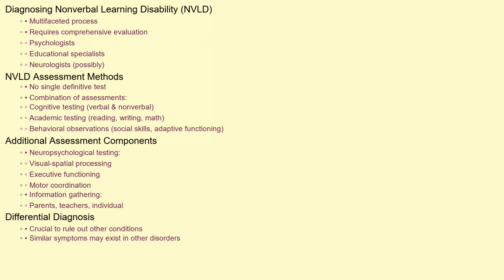Diagnosing NVLD is a multifaceted process that requires a comprehensive evaluation by a team of professionals, including psychologists, educational specialists, and possibly neurologists. There isn't a single test that can definitively diagnose NVLD, so clinicians rely on a combination of assessments. These assessments typically include cognitive testing to evaluate verbal and nonverbal abilities, academic testing to assess reading, writing, and math skills, and behavioral observations to evaluate social skills and adaptive functioning.